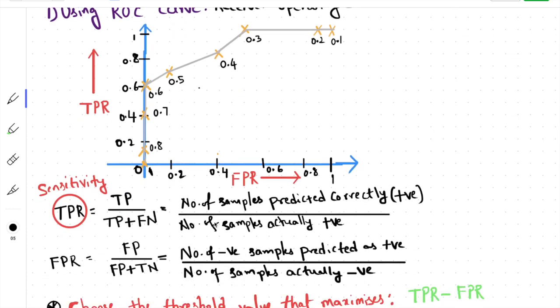So this ratio is nothing but, out of all the actual positive samples, how many samples the model is able to correctly predict. So that is the true positive rate. And false positive rate is nothing but false positives divided by false positives plus true negatives.